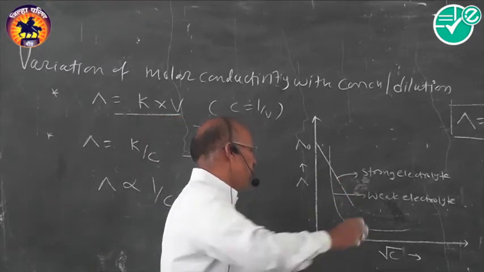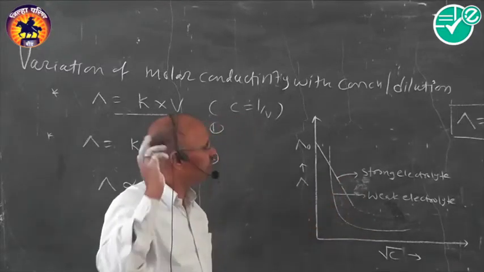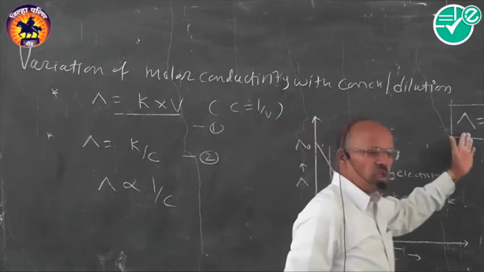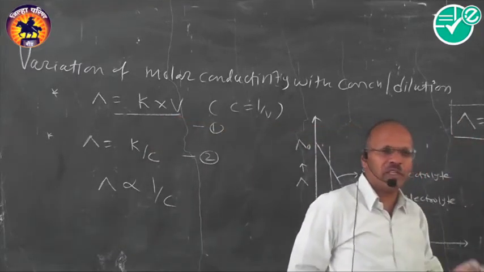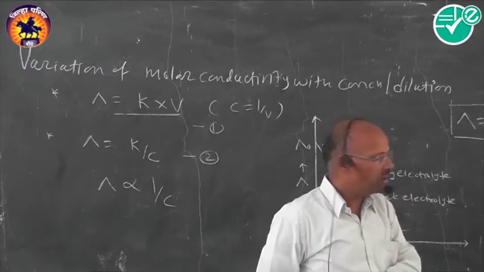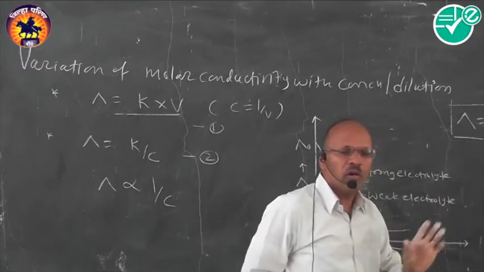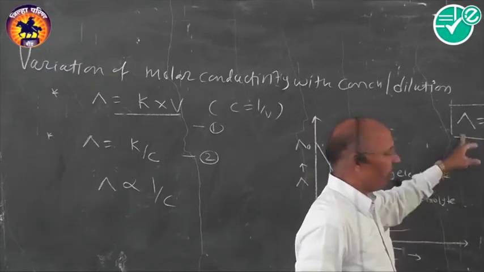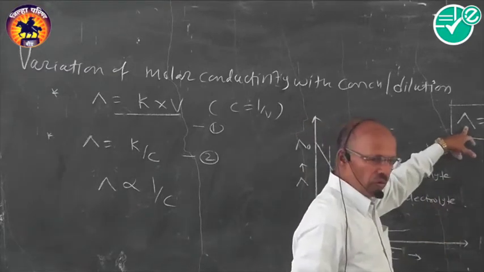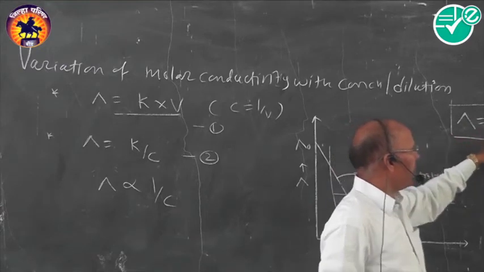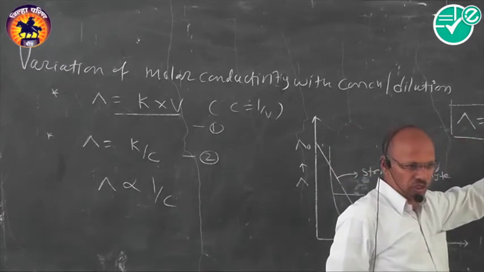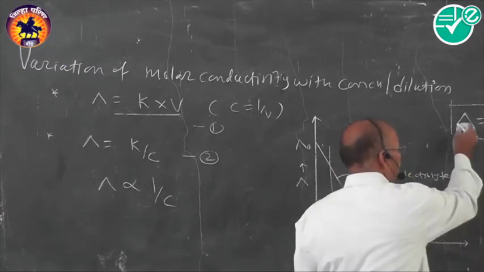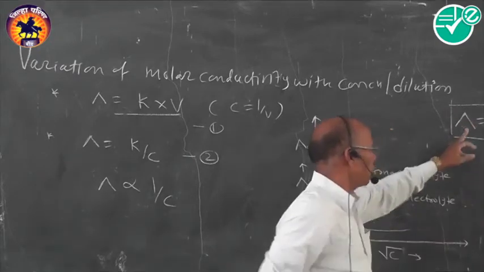Okay. Its significance we have to study later. Now, this equation is given by the scientist Onsager, or you can call it the Kohlrausch equation. If you think about the Kohlrausch equation, what is it? The equation is lambda is equal to lambda 0 minus b into root of c. So in this case, what are the interpretations for these terms?